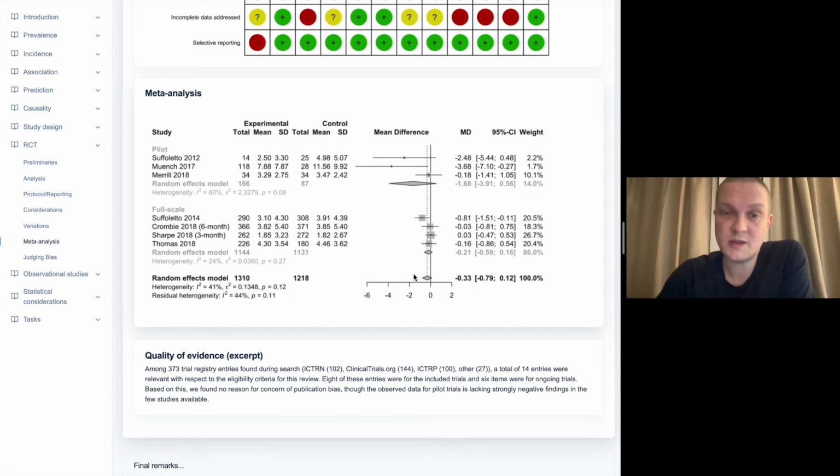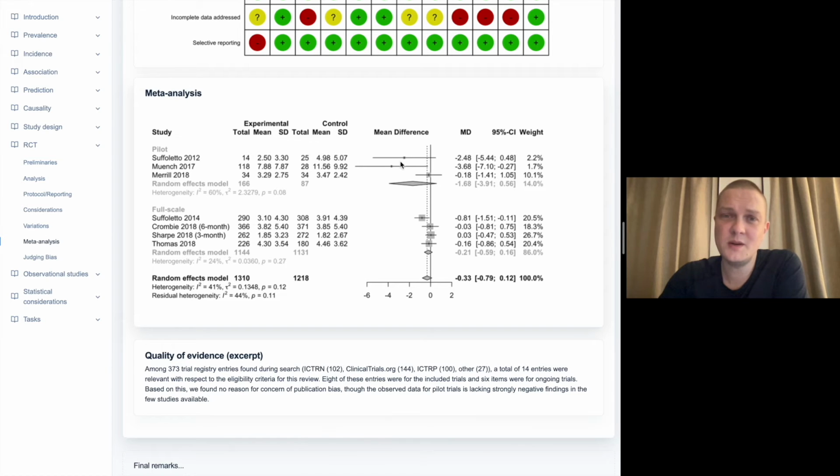There's a lot going on in this figure that I'd like to talk about, but one thing I think is very useful to bear in mind is these up here were small trials which were labeled as pilot trials or feasibility trials. Look at how big the effect estimates are here.